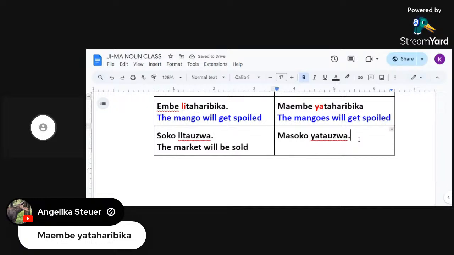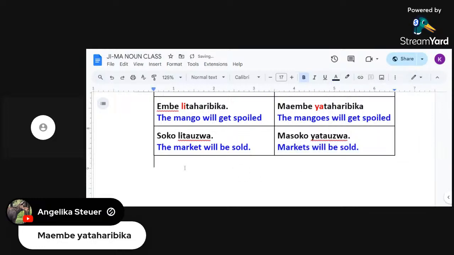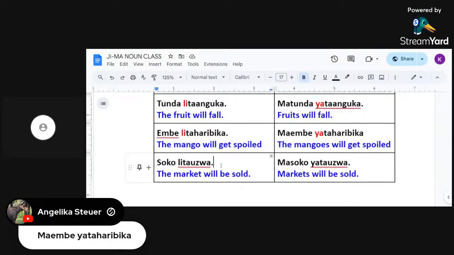Soko litauzwa, masoko yatauzwa. Markets will be sold. Sawa sawa, vizuri sana. Masoko yatauzwa.